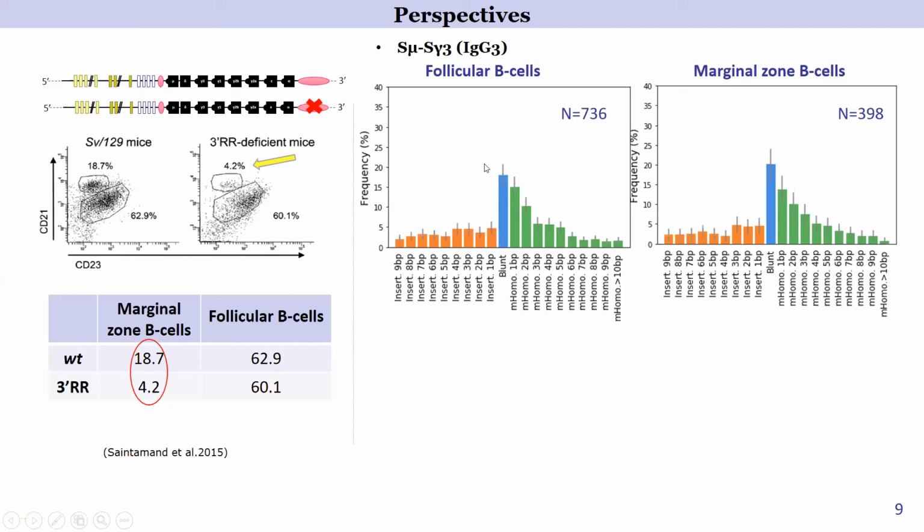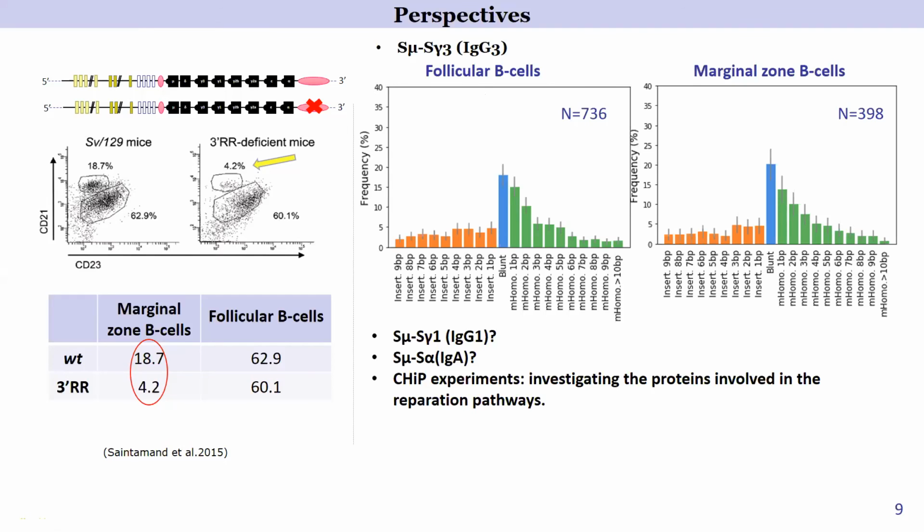Our data showed no difference between marginal zone and follicular B cell repair profiles in switch mu, switch gamma 3 junctions. We still have to analyze these profiles for both switch mu, switch gamma 1 and switch mu, switch alpha. And then, if there is no difference between these two B cell subsets, we have to further investigate how the deletion of the 3' RR is affecting the structure of IgG1 junctions.